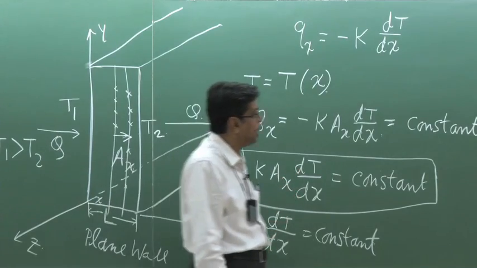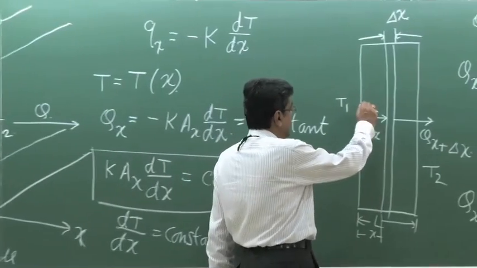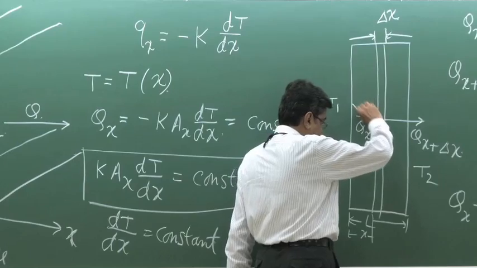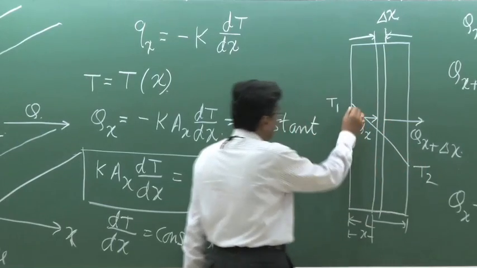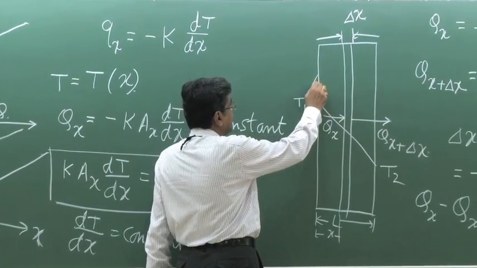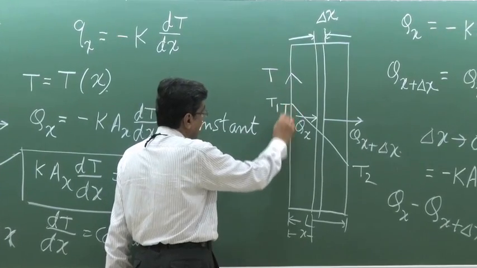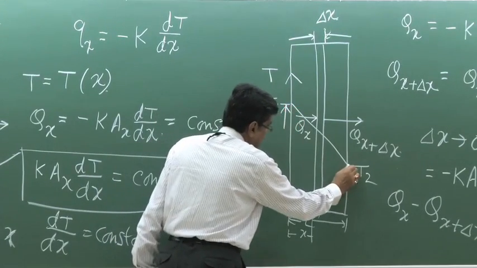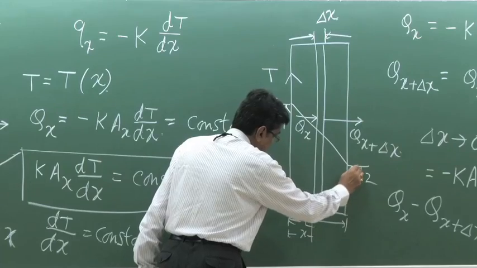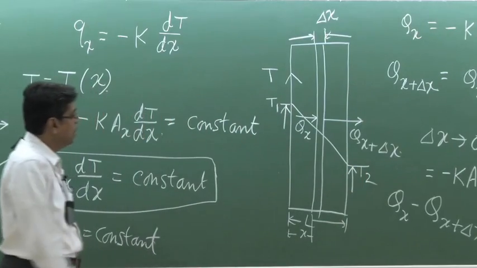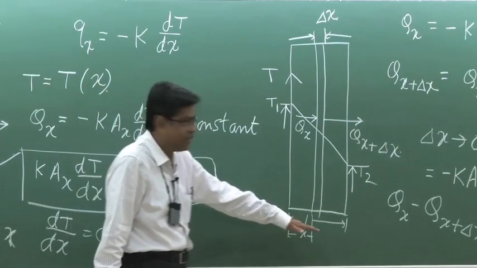So therefore, for a plane wall with constant thermal conductivity, we have a temperature profile. If you show the temperature scale here, this is T1 and this is T2, from any reference datum.